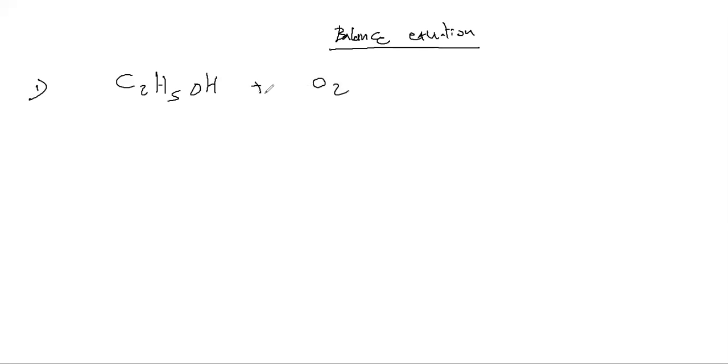After that, how to balance chemical equations. For example, if you have C2H5OH plus O2 gives CO2 plus H2O.